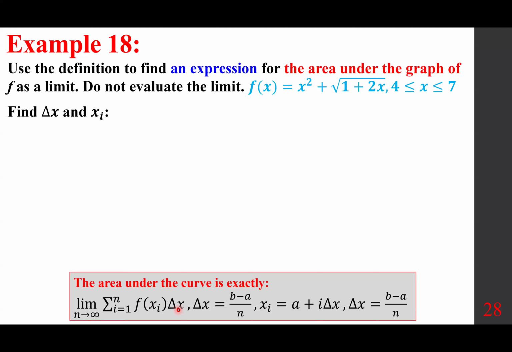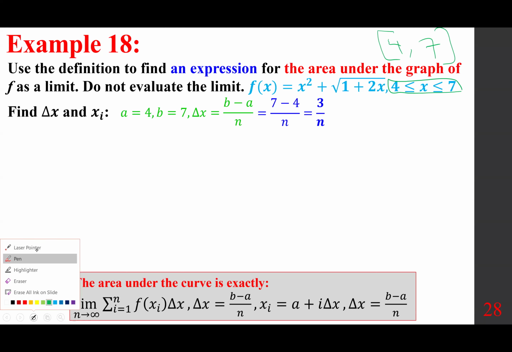So A is 4, B is 7, and delta x is b minus a over n, which makes it 7 minus 4 over n, or 3 over n. So this is A, this is B. In other words, they may give you in this format or in this format.